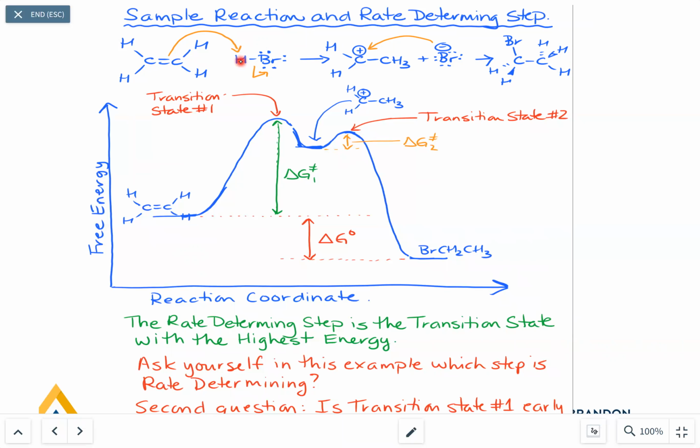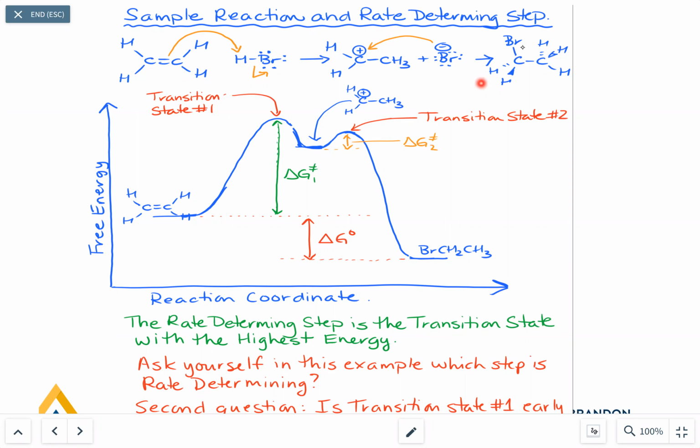It attacks the proton. These electrons move on to the bromine. And the nucleophile becomes the electrophile in the second step. It's a carbocation. You've got your bromide. Negative goes to positive, and you make your carbon-bromine bond. And so this overall is an addition reaction. It's an electrophilic addition reaction because we're adding H and Br to the two carbons of the double bond. H gets added first, then the bromine.